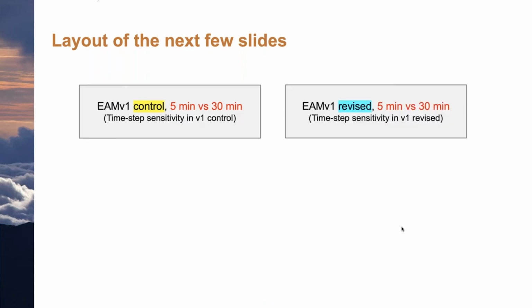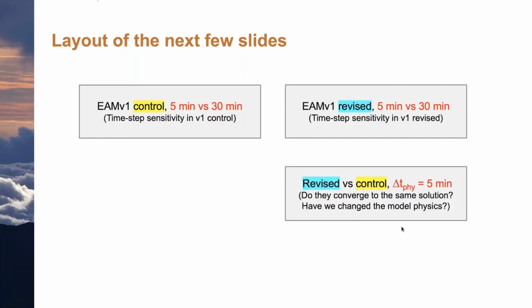So basically, that will be the time step sensitivity in the V1 model. And then in the upper right panel, I will again show the time step sensitivity, but for the configuration that we have revised. And in the lower right panel, I will show the difference between two simulations using the revised versus the control model, but both using a very short 5-minute time step.